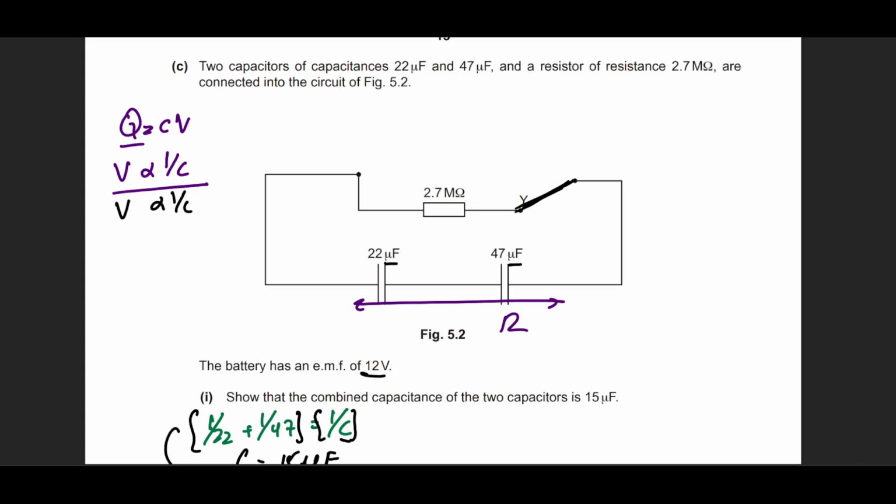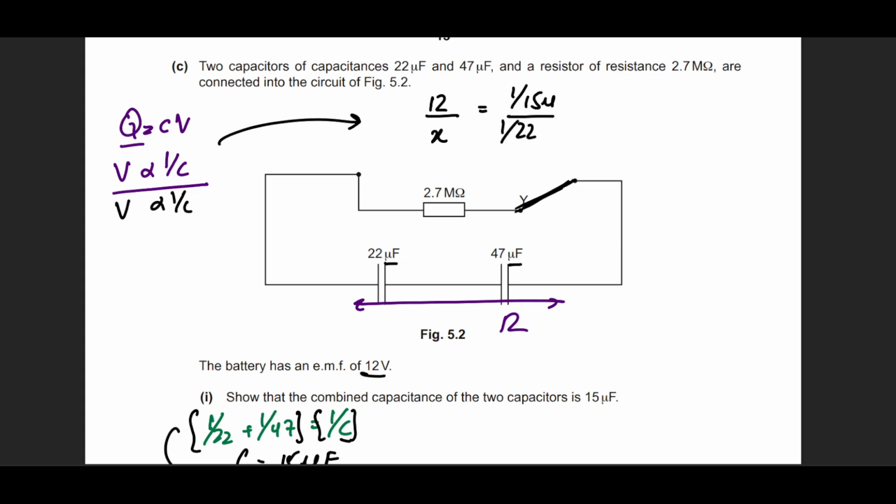Okay, fine, no problem. So according to this system, I'm doing this again over here. According to this system, 12 volts are required to maintain a system of 1 over 15 microfarad, divided with X voltage, I don't know what that voltage is. What would be the voltage if it had a capacitance of 22, or 1 over 22?